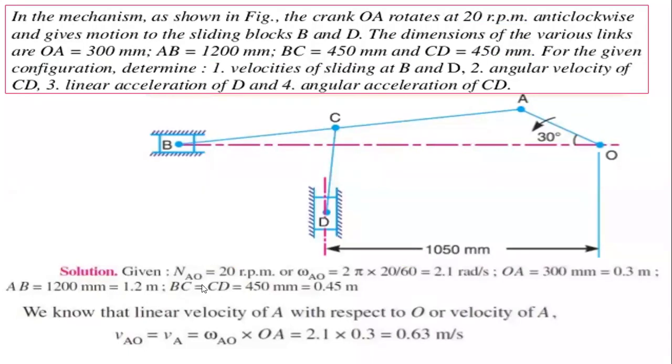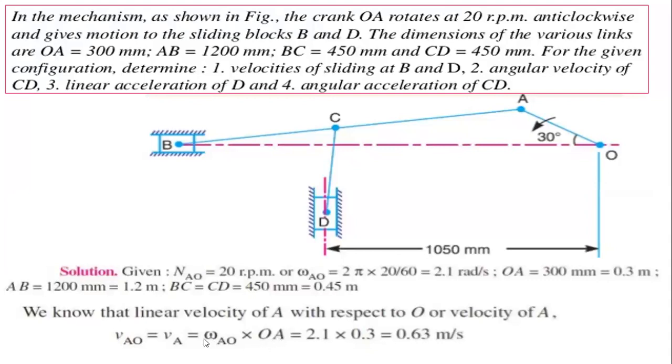So we have taken the inputs here. Then we know that the linear velocity of A with respect to O, or the velocity of A, that is V of AO equal to V of A, is omega of AO into OA.